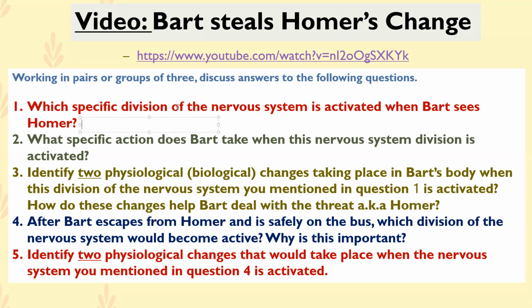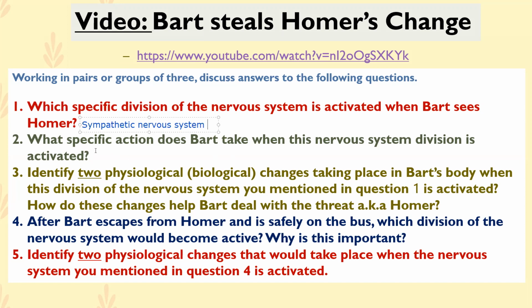It is our sympathetic nervous system. Obviously in this case, Homer is seen as a threat or a danger to Bart because Bart has done something that makes Homer dangerous, which is stealing Homer's jar of change. So the sympathetic nervous system will be activated. That's the answer for the first question.